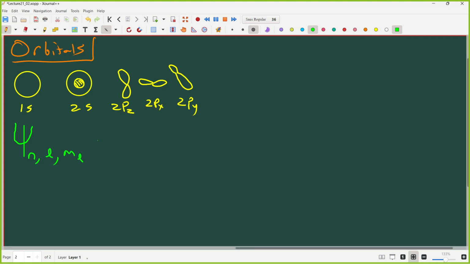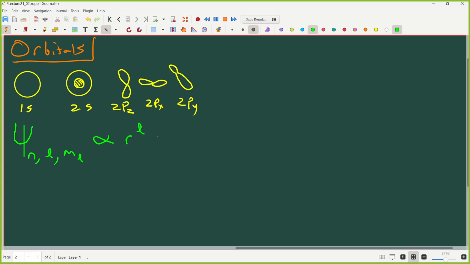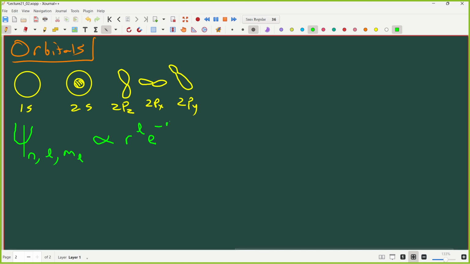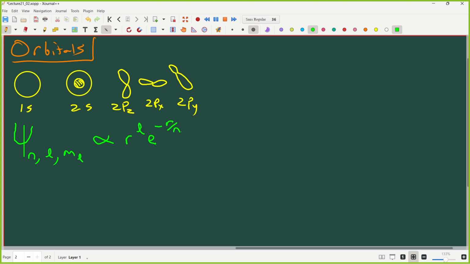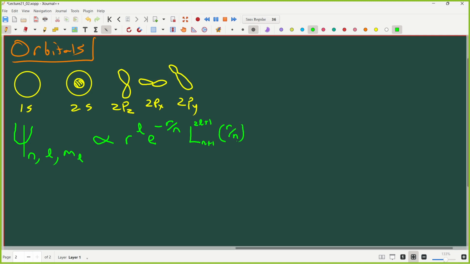Well, I'm not going to write down the whole formula again because it's not that necessary for us, but they're proportional to r to the l, where l is the angular momentum quantum number, times e to the minus r over n, where n is that number, and there's a polynomial in l, which is a function of n and l, which takes in a value r over n, effectively.